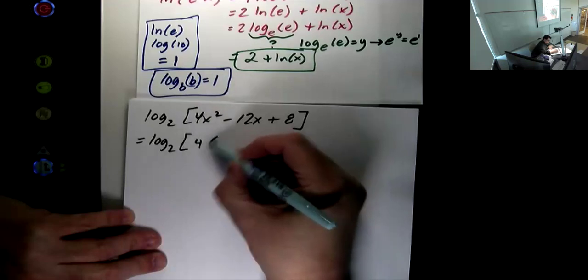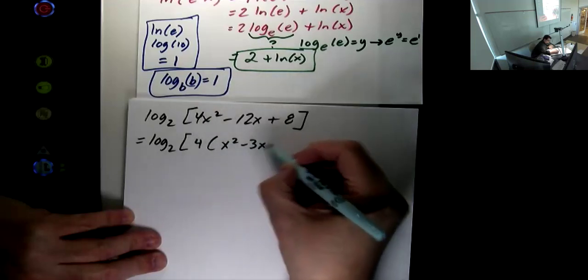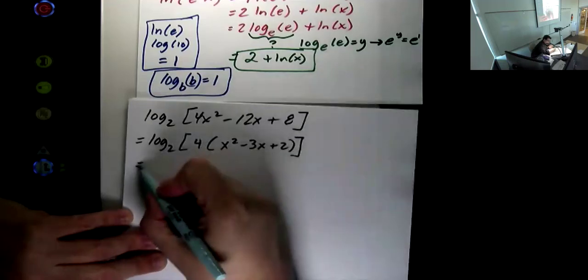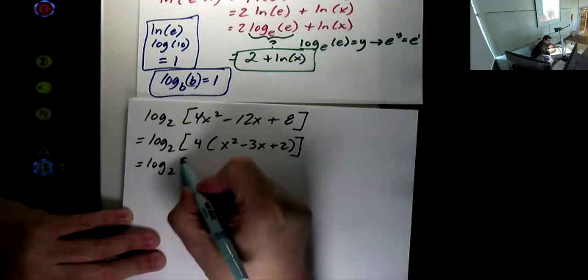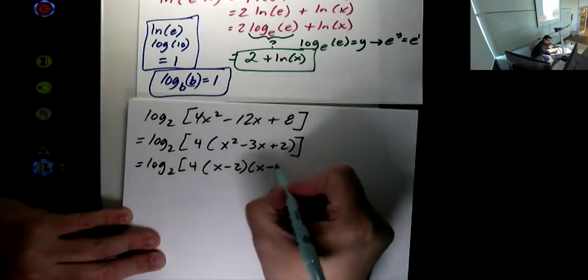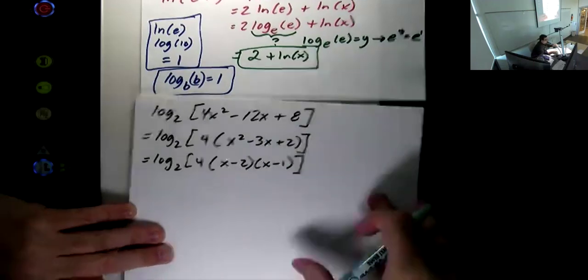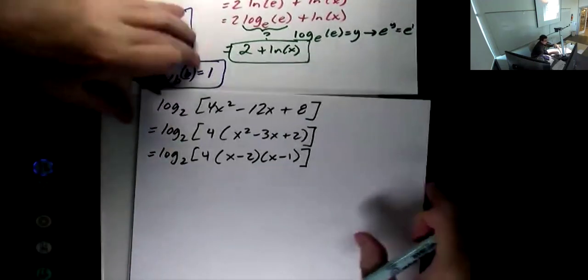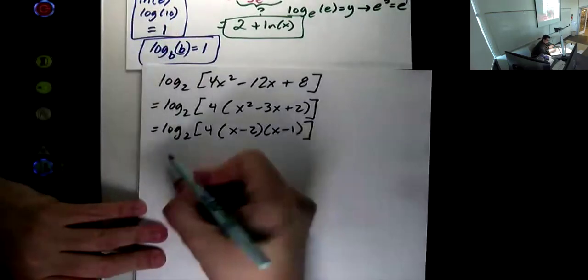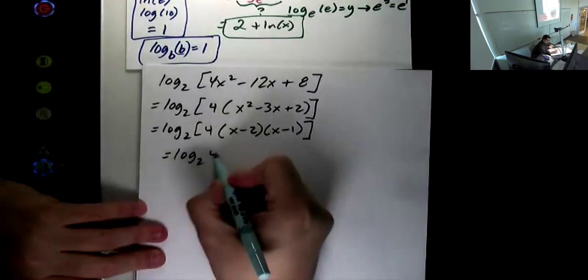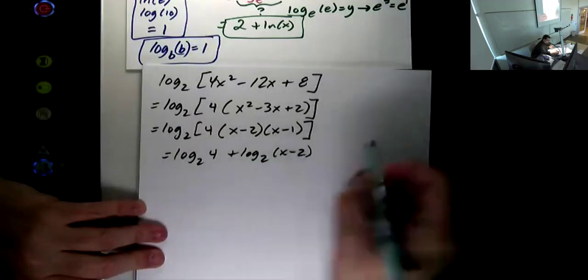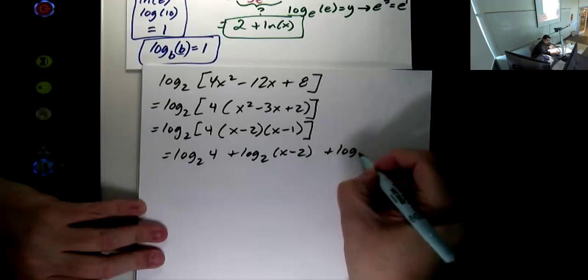I can take out the 4, and then I can factor this. This is x minus 2 and x minus 1. So I've got log base 2 of 4 plus log base 2 of x minus 2 plus log base 2 of x minus 1.